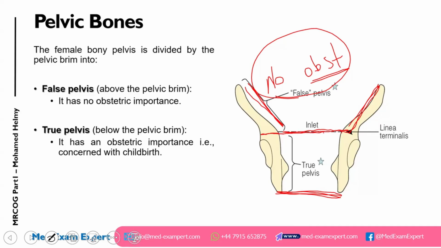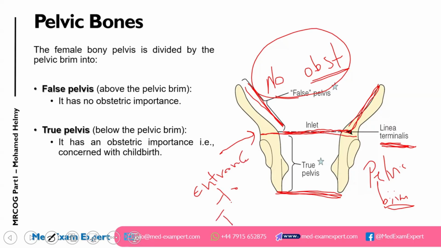This is called the pelvic inlet or the linea terminalis, or also called the pelvic brim. So we have the pelvic brim, pelvic inlet, linea terminalis. This is all the same meaning, which is the entrance to the true pelvis. Okay, so that's the true pelvis, which is formed by inlet, then pelvic cavity, then outlet here. And we are going to discuss each part separately now.